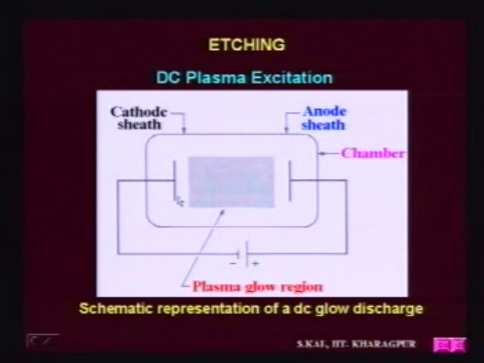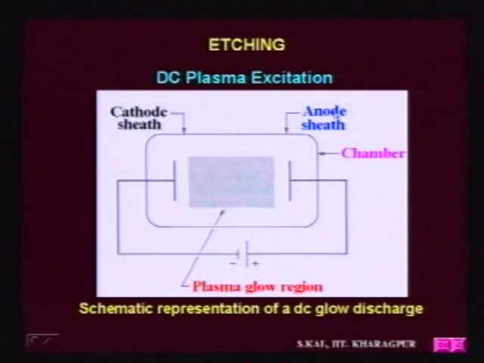Similarly, at the cathode side, since it is negatively charged, the positive ions will be accelerated on this side, and positive ions are heavier than electrons. Since these are heavier, very few ions will reach this particular electrode, and there the electron concentration is very low, because excitation takes place because of the accelerating electrons.